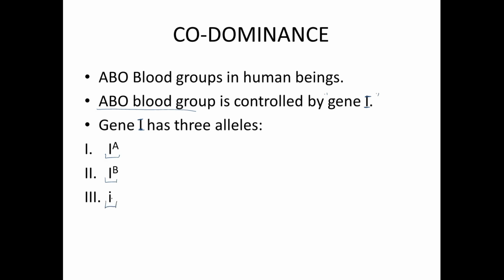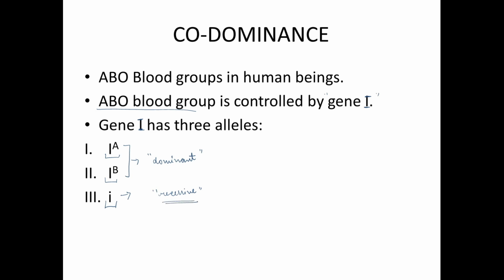Now out of these three alleles, capital IA and capital IB are dominant while the small i is a recessive allele, right?